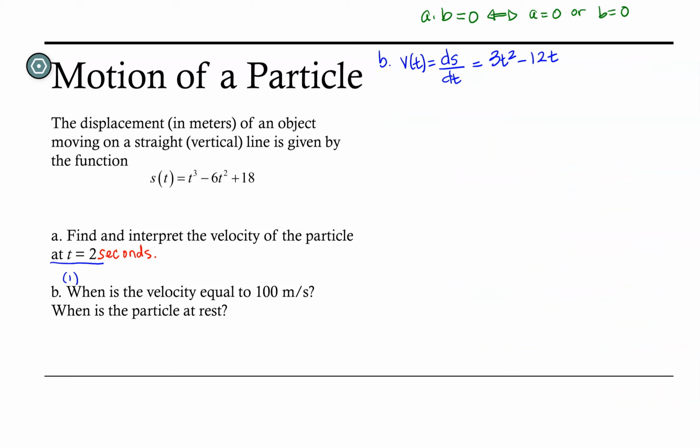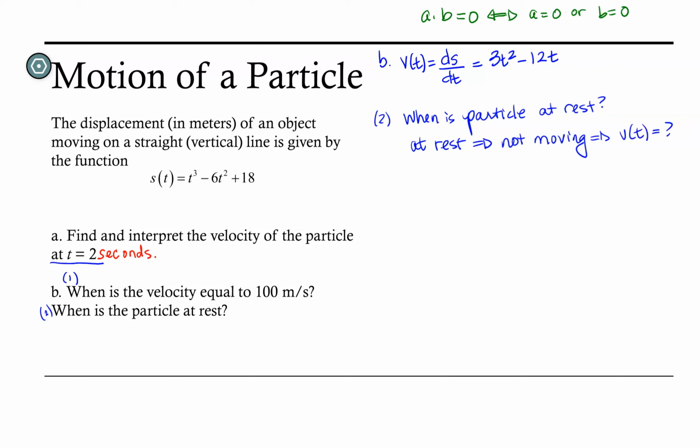Now the second part of question B is, when is the particle at rest? Now if a particle is at rest, that means the particle is not moving. And if the particle is not moving, what can we say about its velocity?